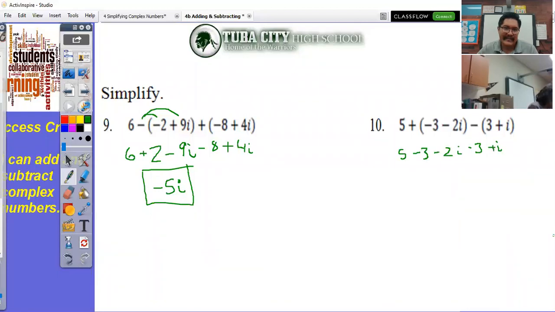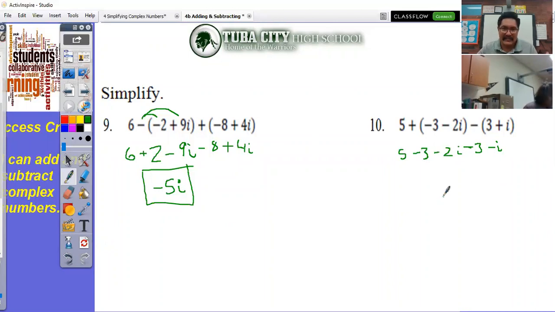Now be careful, because this is usually what I see. Students will give the first term the negative, but they will not give it to the second one. And when that happens, you have to check it. Both of these numbers have to change sign. So be careful with that.